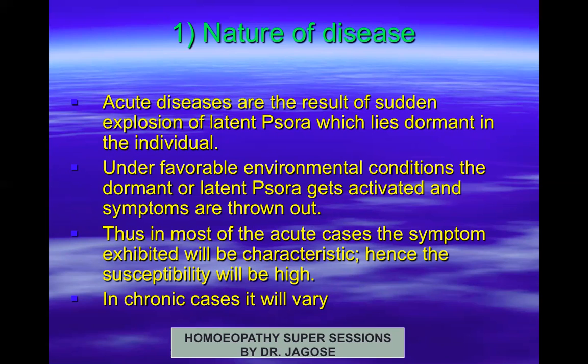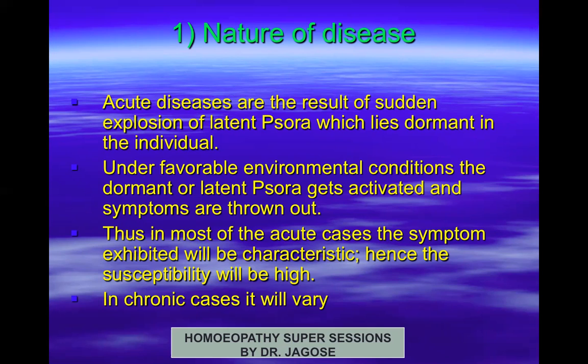Therefore, generally speaking, in acute cases, all the symptoms which are exhibited will generally be characteristic in nature. Thus in most of the acute cases, the symptoms exhibited will be characteristic, hence the susceptibility will be high. And of course, in a chronic case, it will vary.